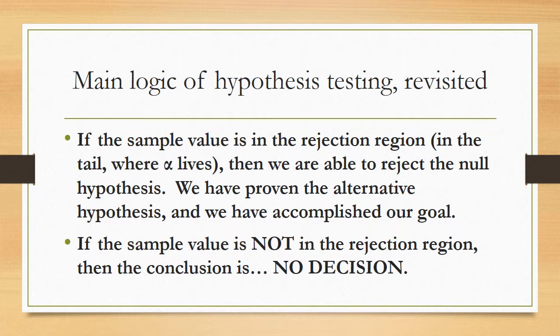Is it in that tail? And then once we get it out there, if it's out there, then we say we reject the null hypothesis. That's the goal. We want to reject the null hypothesis because that means we've proven something, we prove that there is a difference.